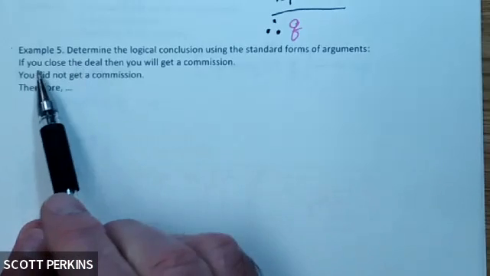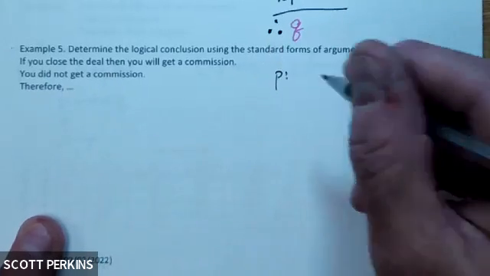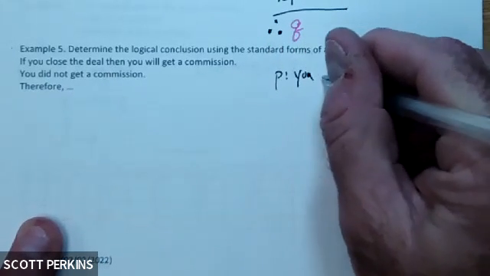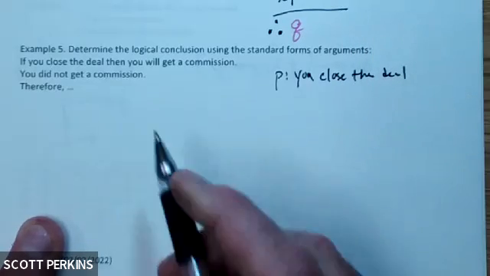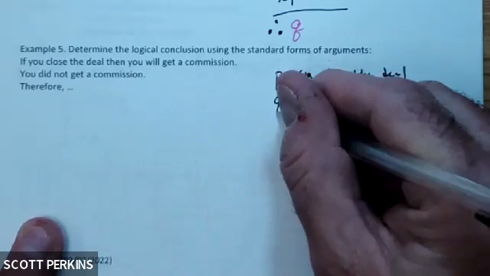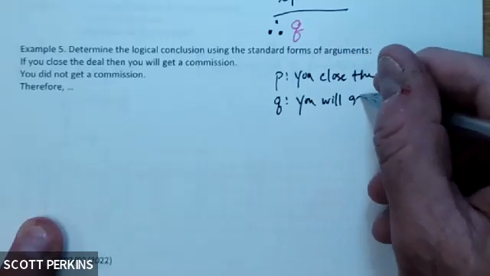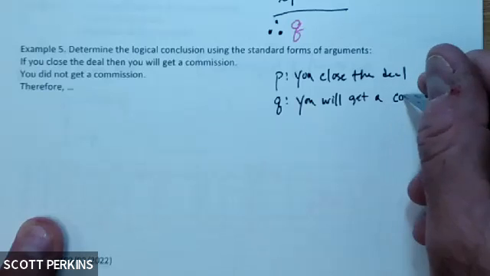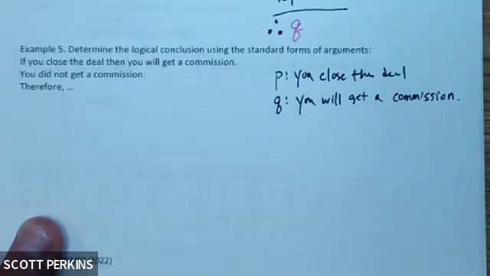So we're doing the same thing. The first statement is, if you close the deal. I'm just going to let statement P be you close the deal. Then you will get a commission. So statement Q is you will get a commission. So far, so good.